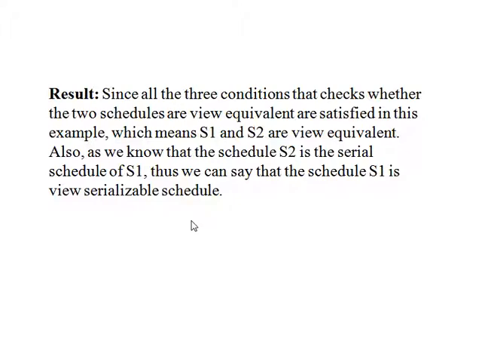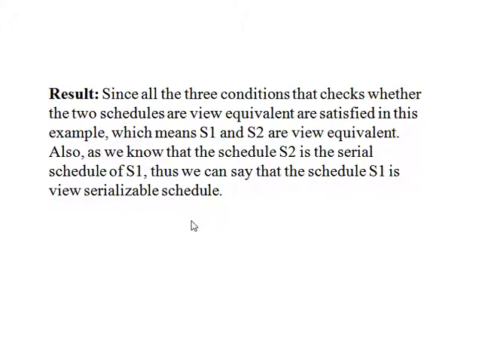So what have we done in view serializability? First, we have taken one example schedule. Then we converted that into a serial schedule of that same example schedule. And then we compared those two, the non-serial and serial schedules, with the three conditions of view equivalence.